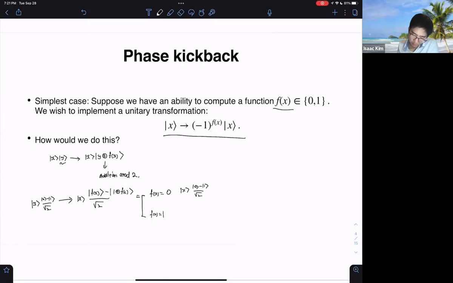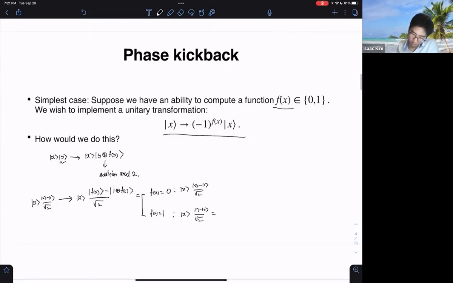If f(x) is 1, then you have this state. And so you accumulate a relative phase of -1.